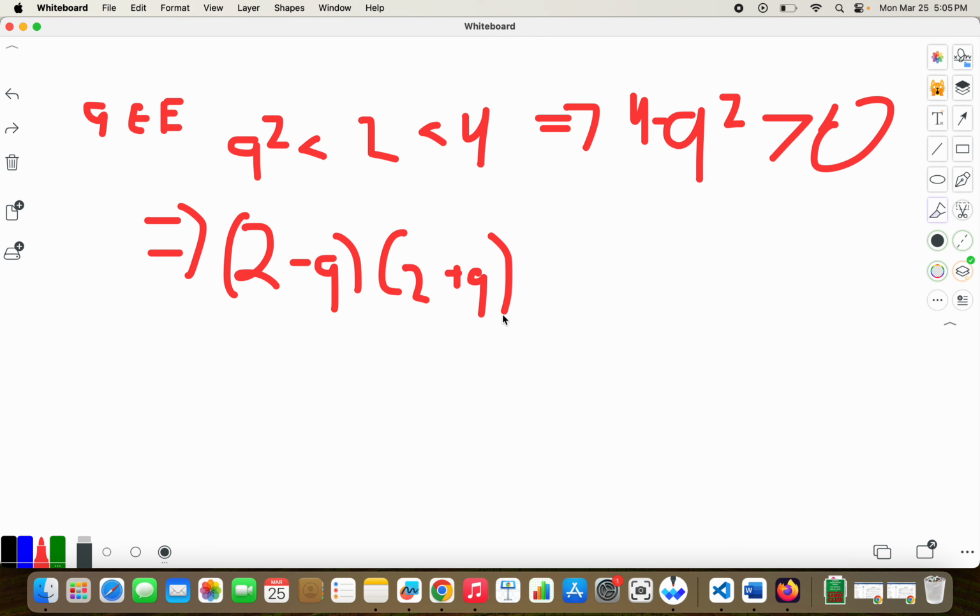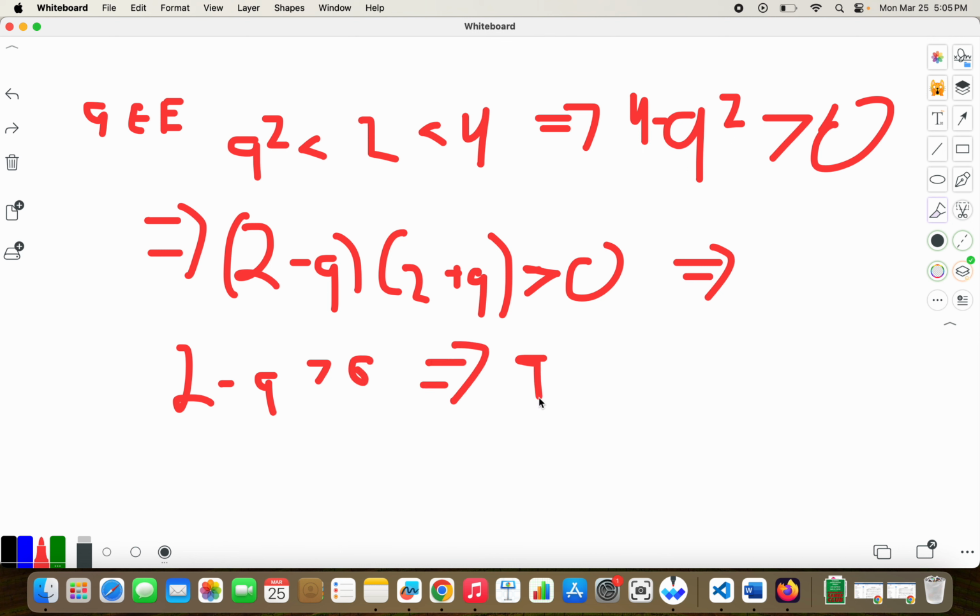So all of these statements are greater than 0. Makes sense, because if q squared is less than 2, then q squared is obviously less than 4. Which also implies 2 minus q is greater than 0, which implies q is less than 2.